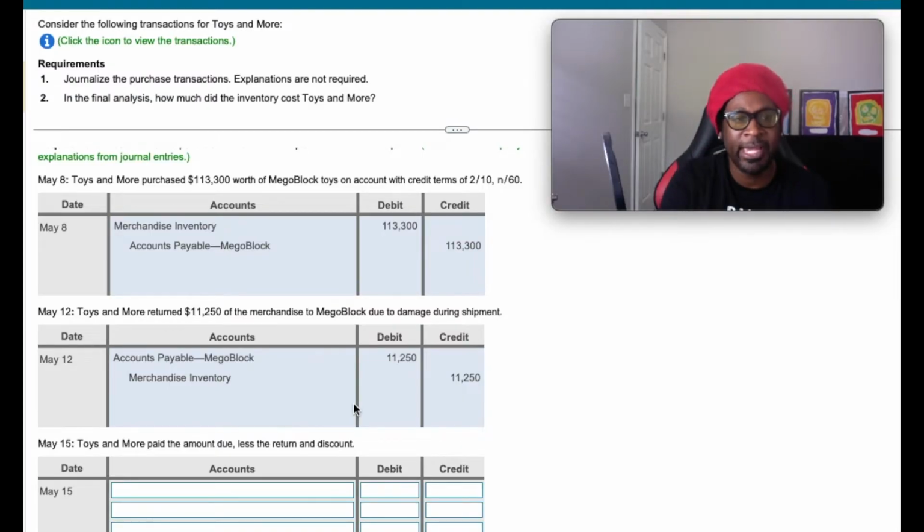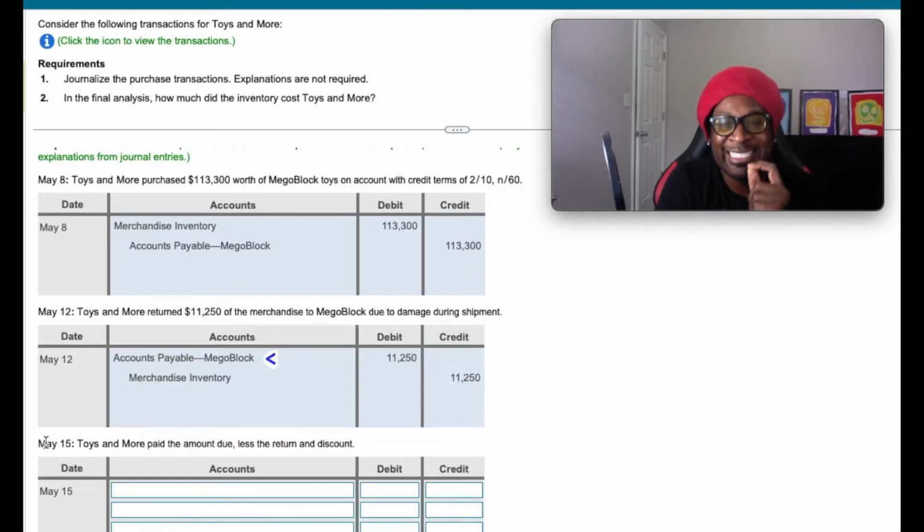So going back to May 8th, we know we had a discount initially, which stated that we would get a 2% discount if we paid within 10 days of May 8th. Fast forwarding to May 15th, we are now making a payment. We want to pay it in full, but an event happened before that, gang. We made a return of $11,250.